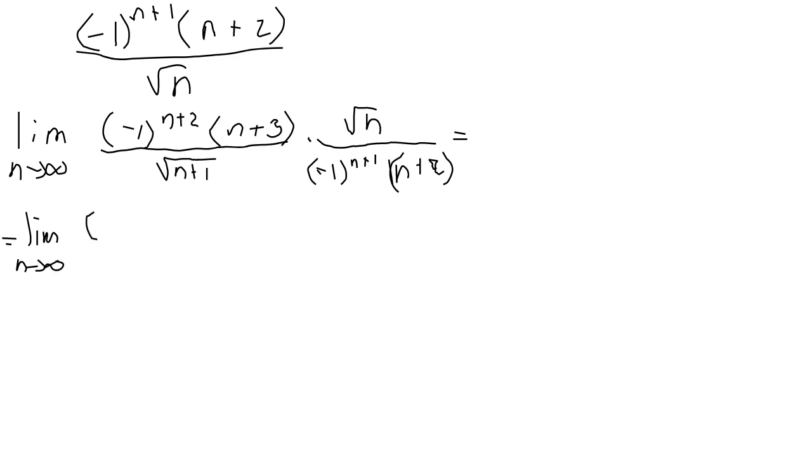We're going to have the negative 1 to the n plus 2 over n plus 1. We're going to also have n plus 3 over n plus 2. And finally, root n over n plus 1 over root n plus 1.